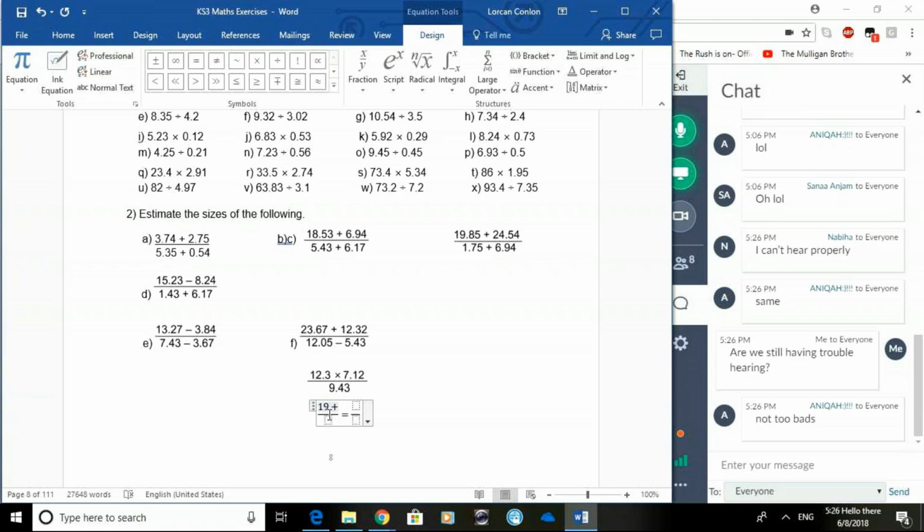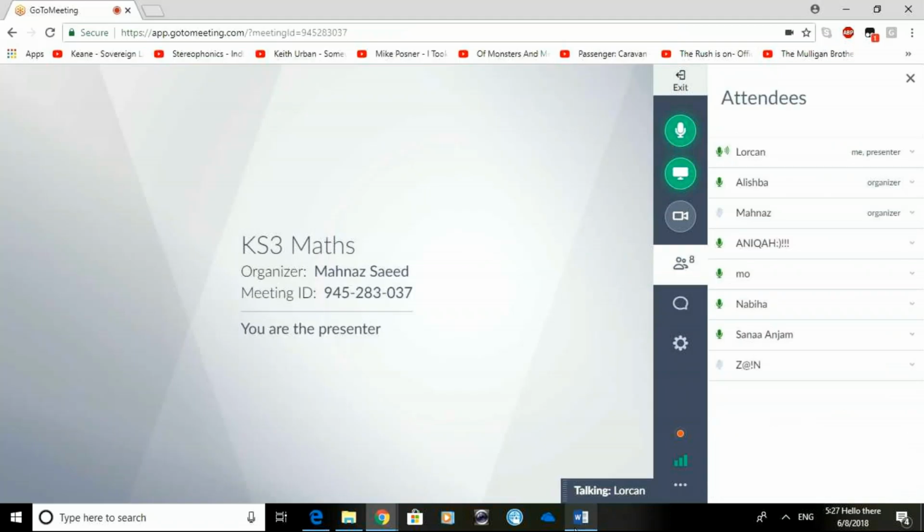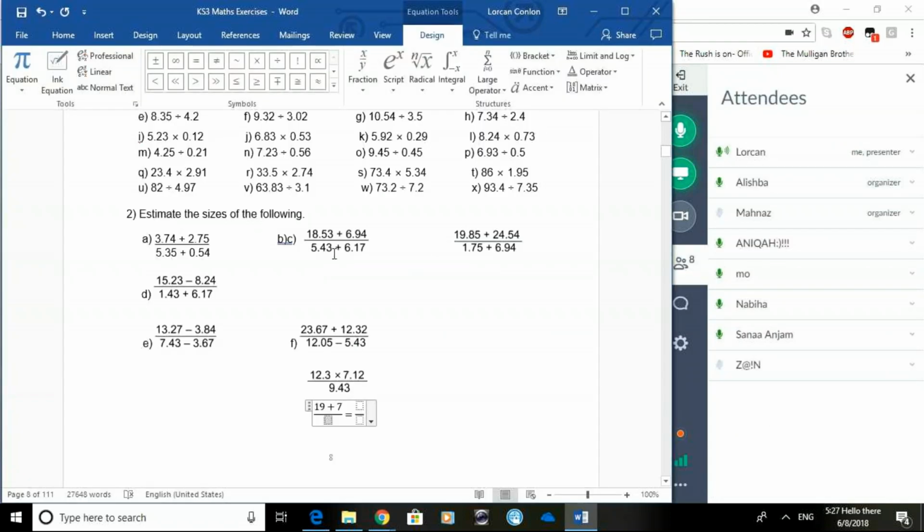Yeah, so 18.53 to the nearest unit is 19. What about 6.94? 7. So plus 7, and then we round the bottom line. So 5.43. What's 5.43 to the nearest unit? 5. And 6.17? 6. Correct. Okay, so what does that give us on the top and the bottom? 26 out of 11.